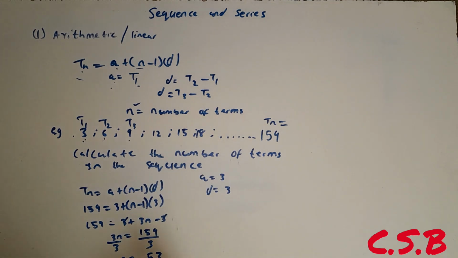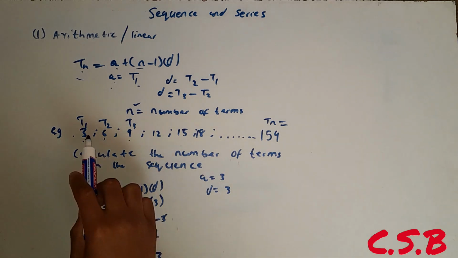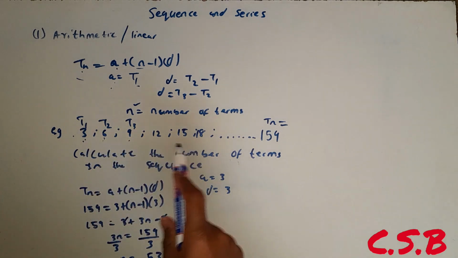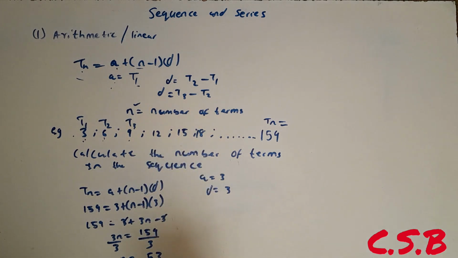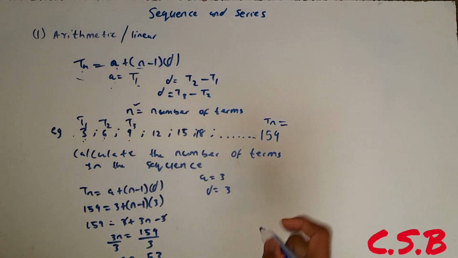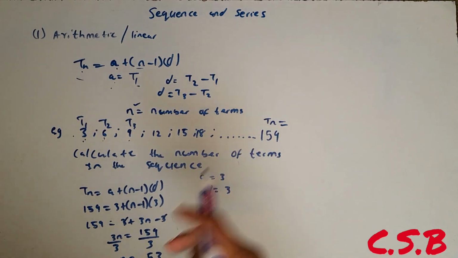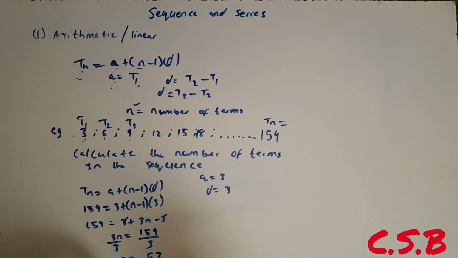Yes, that's 53. So the number of terms in this sequence is 53. You can count 3, 6, 9, 12 up until you reach 159, and you will see that the terms in this sequence are 53. Yes. So let me try and find some questions so we can do them together.